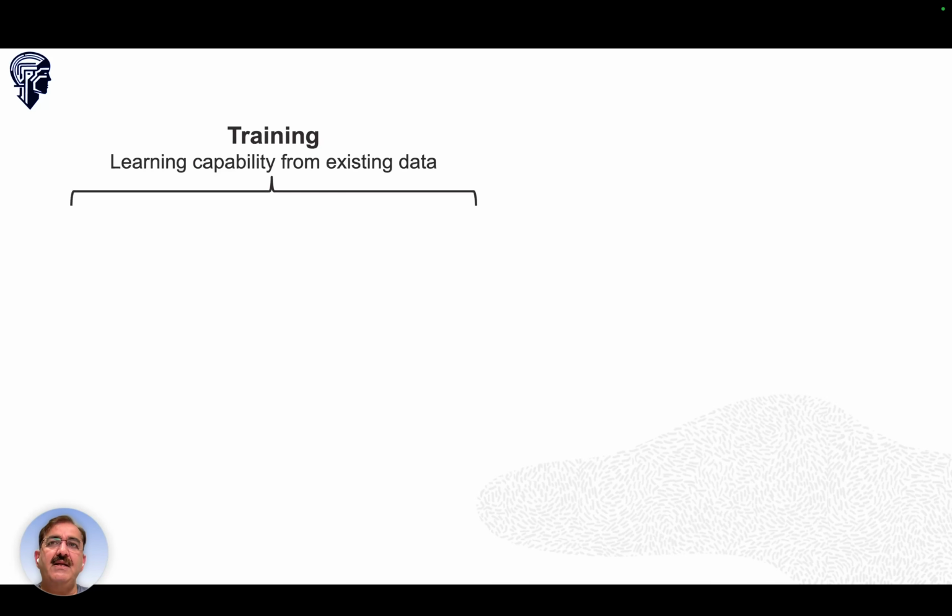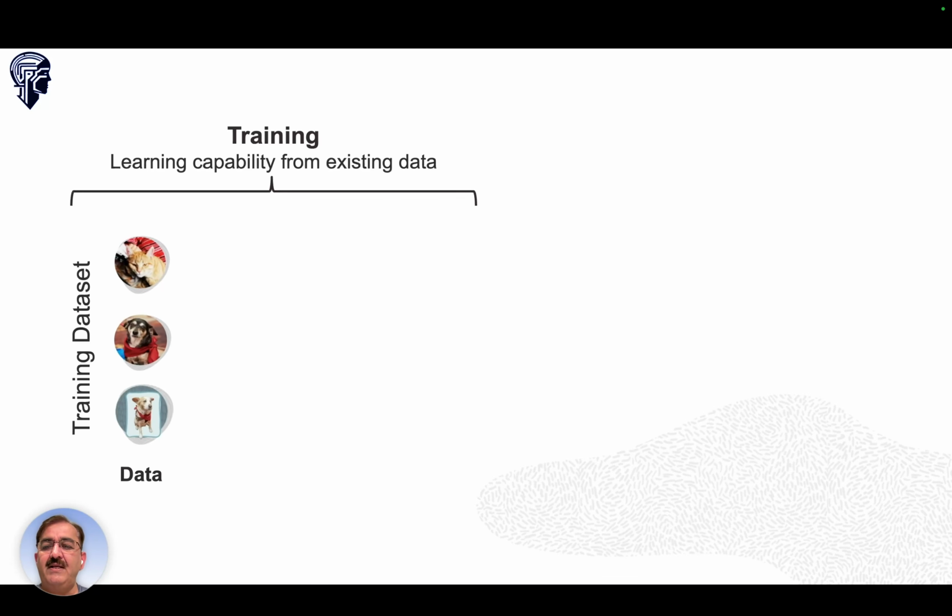So machine learning basically consists of two parts. The first phase is the training, where the learning capability comes from the existing data. For example, you have a training data set.